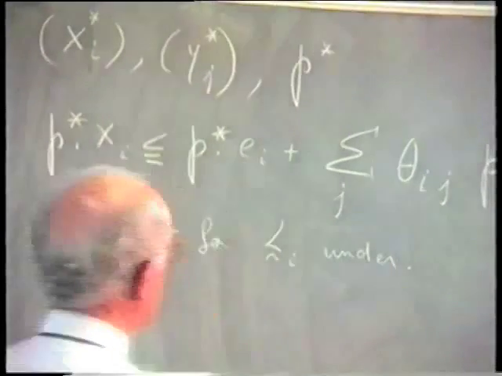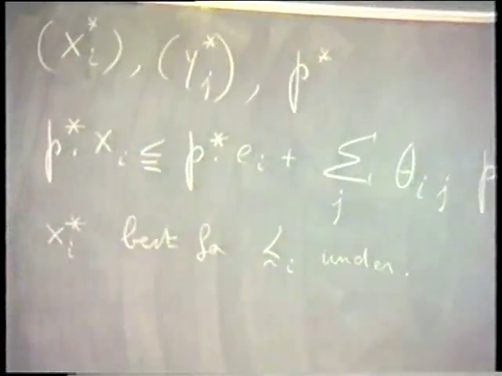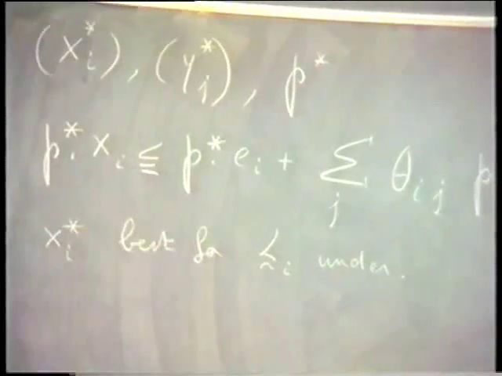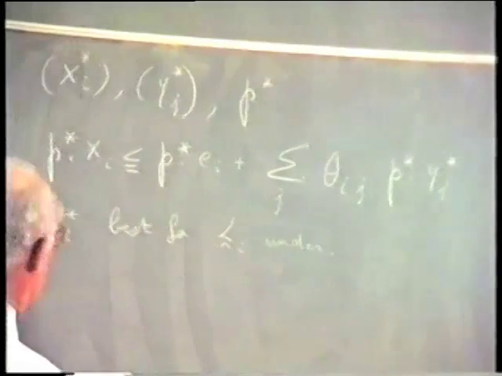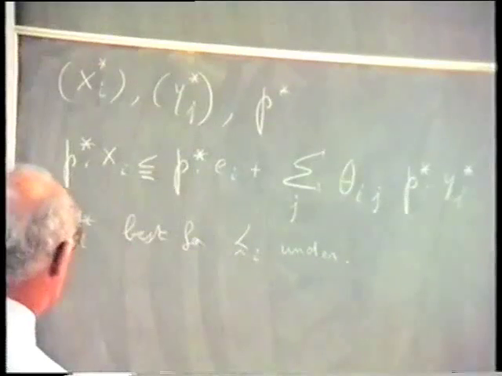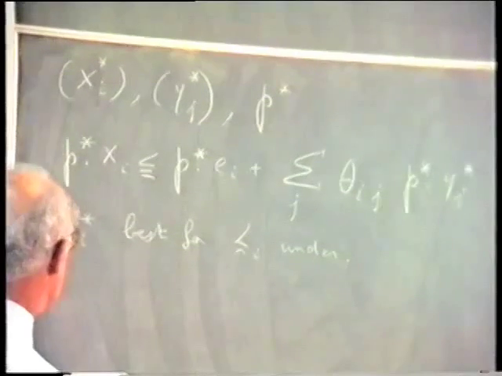So that is the first condition. In order for the ith consumer to be in equilibrium, x_i star must be the best for his preferences under the budget constraint that we have here.